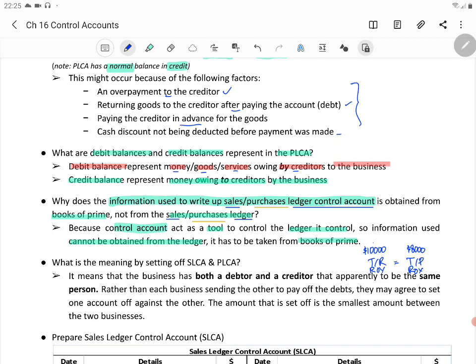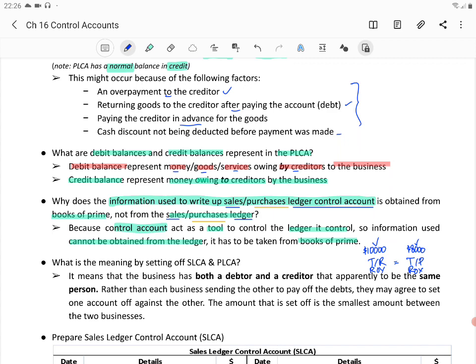Roy has to pay you 10,000, but you also have to pay Roy 8,000. Instead of Roy paying you 10,000 and then you paying back Roy 8,000, two actions like that, it is the same person. So why not we set off the account with the smaller amount.